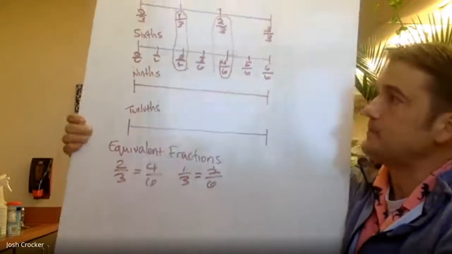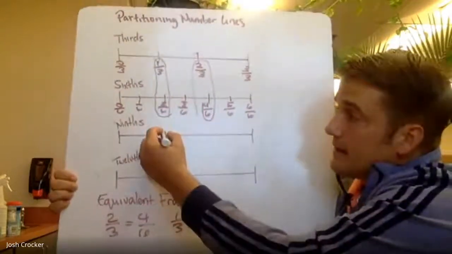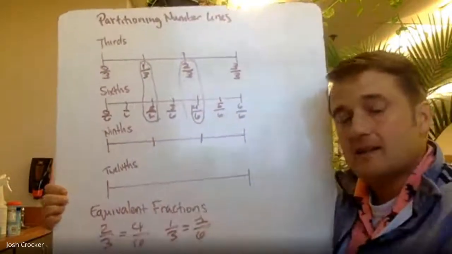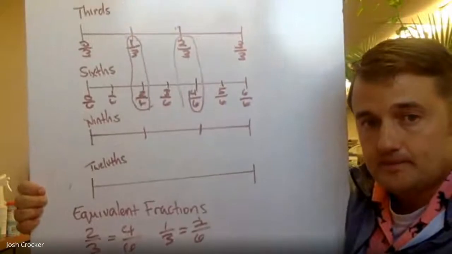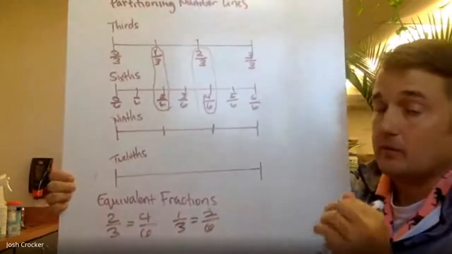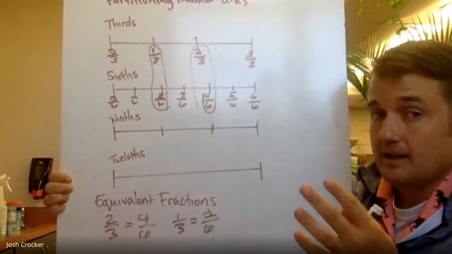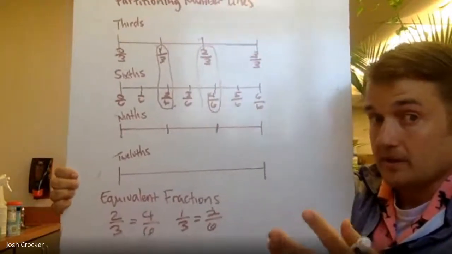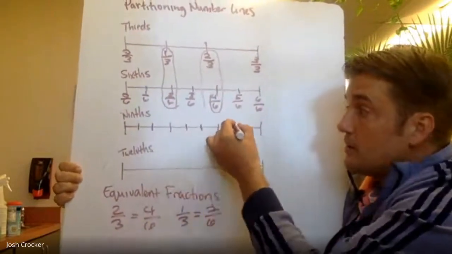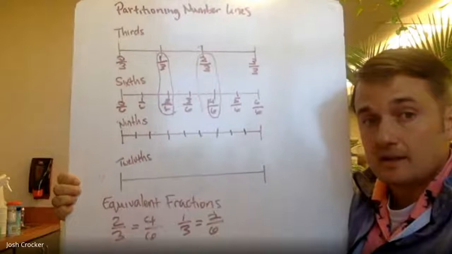Okay. Ninths. I can carry that line down again because 9 is a multiple of 3. And now I'm not just doubling. From 3 to 9 is not doubling. It's 3 times more. 3 times 3 is 9, right? So I need to break each third into 3 pieces.